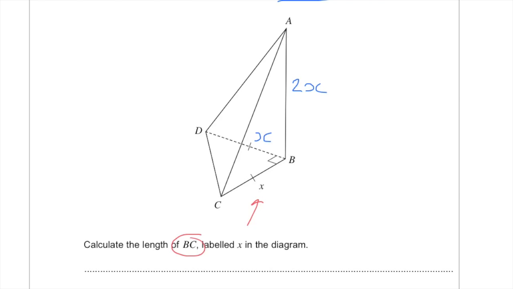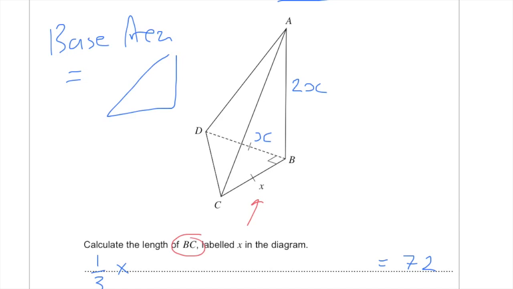So we know that 1/3 multiplied by the base area multiplied by the height equals the total volume of the pyramid, which is 72. Now, the base area of this pyramid is the area of this right angle triangle, which if we draw it out, there's D, there's our right angle, there's B, there's C. This side BC is x, this side BD is x, so the base area is very simply x multiplied by x divided by 2, which is a half of x squared.